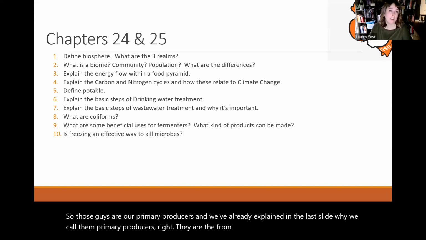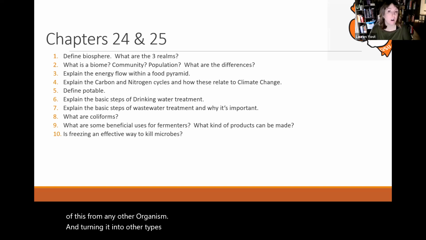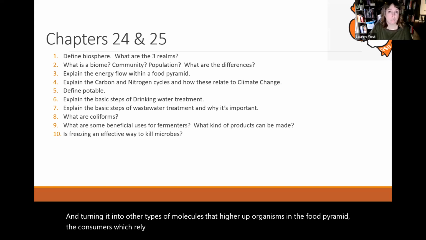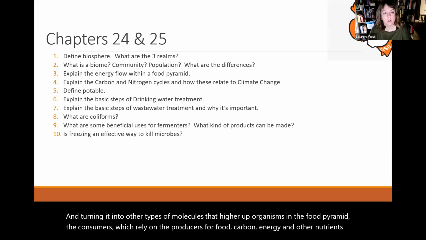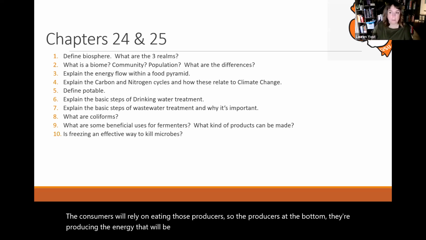They are not stealing any of this from any other organism and turning it into other types of molecules that higher up organisms in the food pyramid, the consumers, which rely on the producers for food, carbon, energy, and other nutrients. The consumers will rely on eating those producers. So the producers are at the bottom. They're producing the energy that will be used by the entire ecosystem.